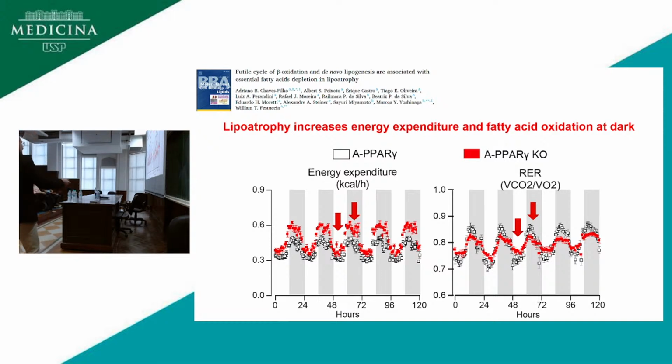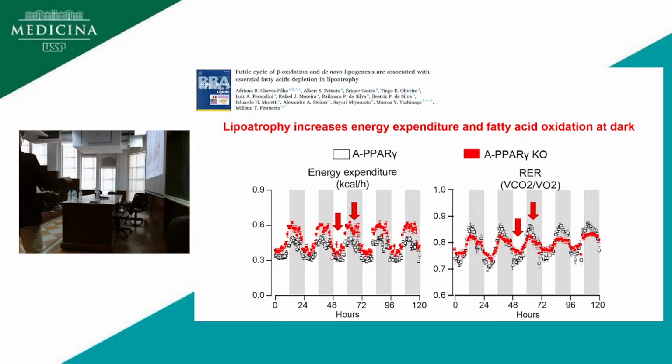As you can see here in red, the lipoatrophic mice, at night, show a lower RER than controls, indicating a higher fatty acid oxidation. But at the light part of the cycle, they show a higher RER, indicating that at this moment they are oxidizing more carbohydrates. This is what we call metabolic inflexibility.